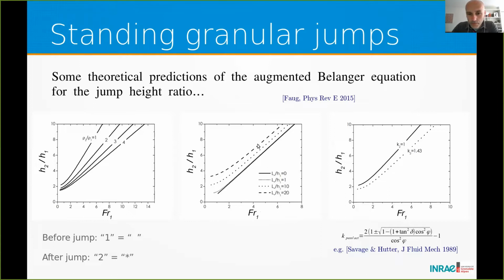So at a given Froude number, jumps that are more diffuse, longer, have a higher height. And you can also look at the effect of the variation of the stress anisotropy, the anisotropy in normal stresses, also as it is depicted in this plot.